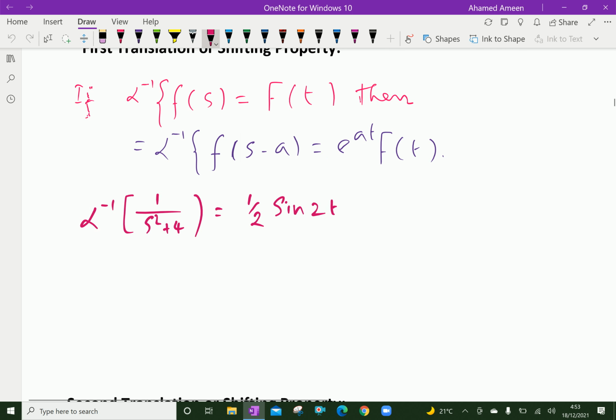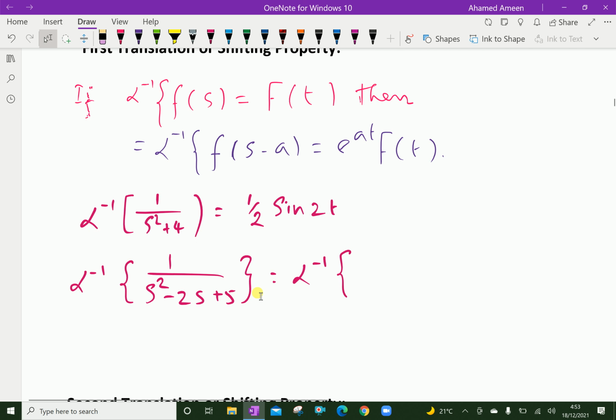So we can use the inverse Laplace transform of 1 over s squared minus 2s plus 5, which is equal to the inverse Laplace transform of, here we are finding the inverse Laplace transform of this function by completing the square: 1 over (s minus 1) whole square plus 4.